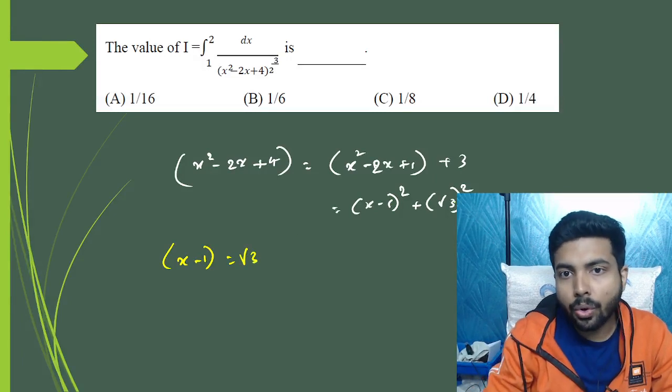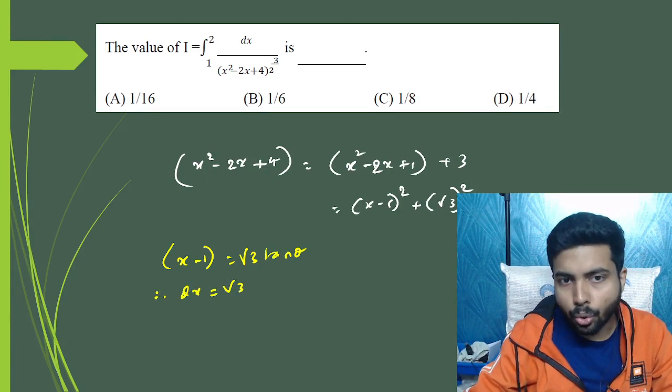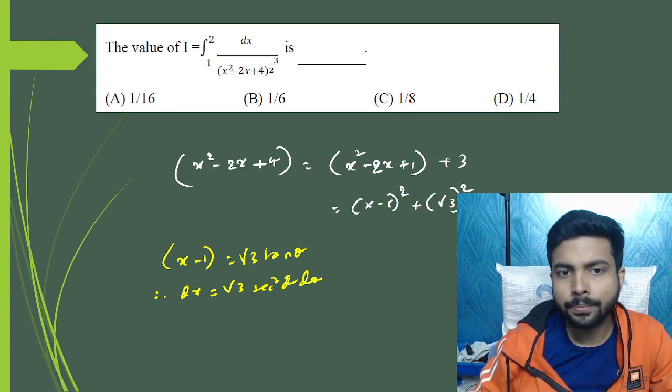Let x minus 1 be equal to root 3 tan theta, will that work? Therefore dx equals root 3 sec squared theta d theta, yes or no?